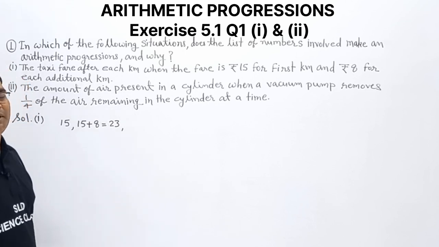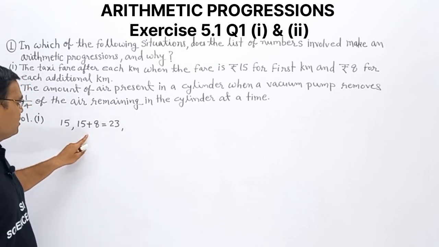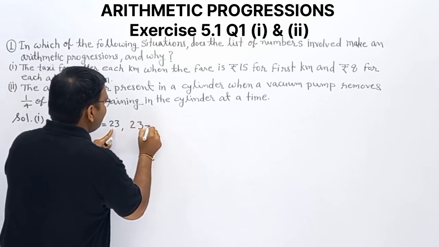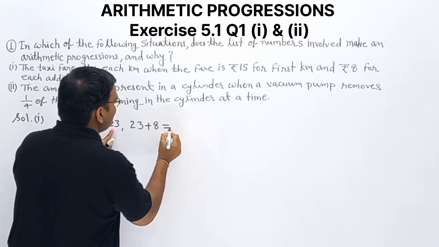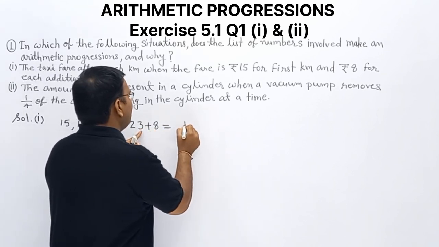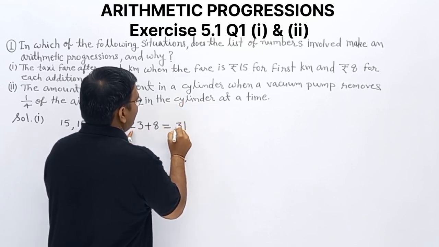For 2 kilometers the fare is 23 rupees. Now for 3 kilometers, 23 plus 8. Observe carefully. 8 plus 3 is 11, 1 is remaining, 2 plus 1 is 3.